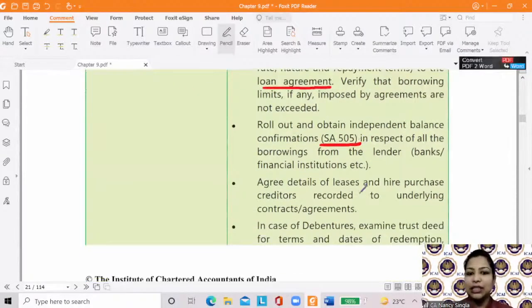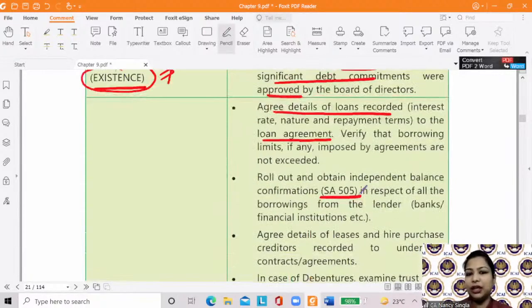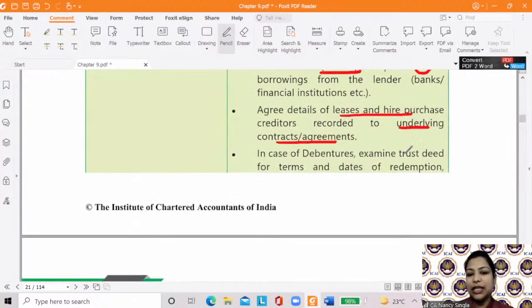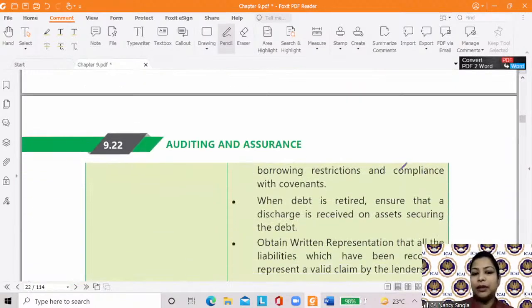Now underlining this should be sufficient. Why? Because now you all know that SA 505 relates to balance confirmation, and the keyword here is all. Okay? Then for hire purchase and leases, you have to look at the underlying contracts and agreements. For debentures, the trust deed, the terms, the date of redemption, borrowing restrictions, and compliance with covenants. Covenants is what? Agreement terms.